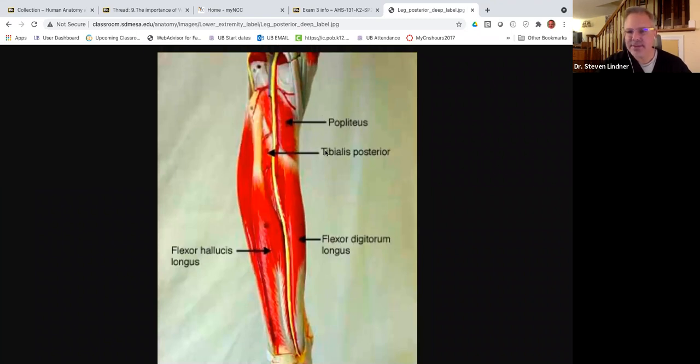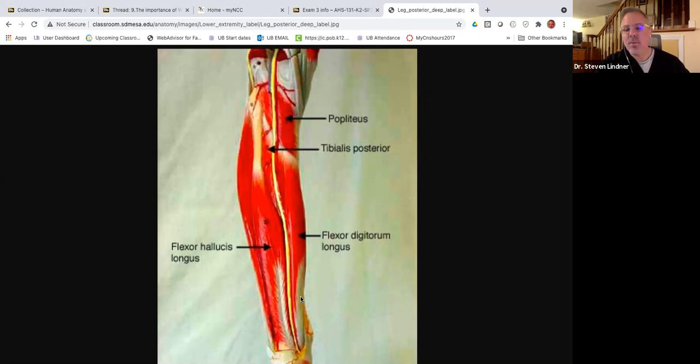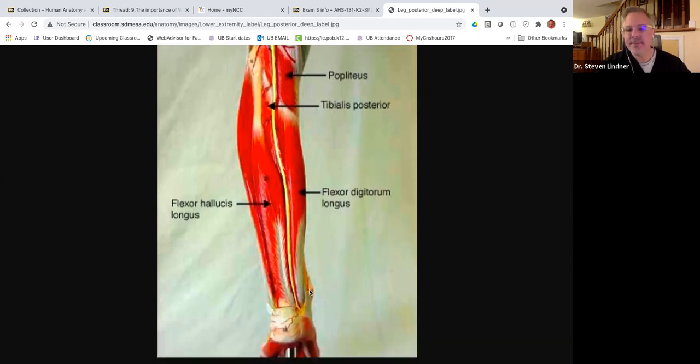Tom, Dick, and Harry is an expression. T is for Tom, D for digitorum, and H for hallucis. Tom, Dick, and Harry. What's the an? It's the tibial artery and tibial nerve. So posterior to the medial malleolus is Tom, Dick, and Harry in that order.